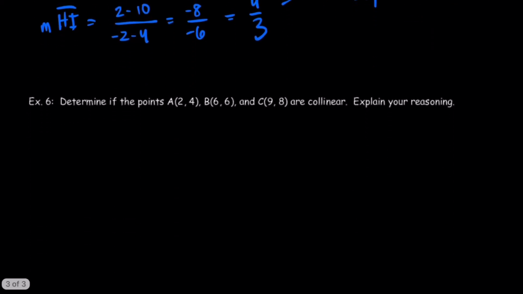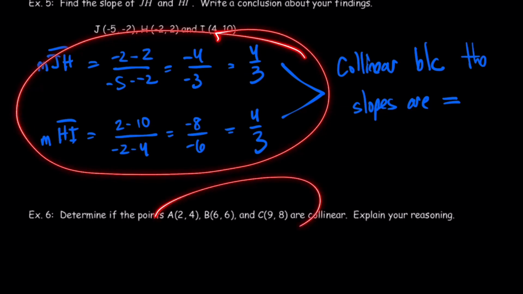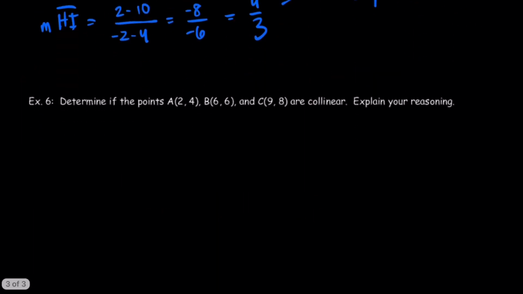Okay, last example. Determine if the points A, B, and C are collinear. Explain your reasoning. So this is the same setup as up above. They just didn't tell us what to find the slope of. But it's pretty straightforward. It's going to look like this with different letters. That's all. Okay, so let's try this. I want to find the slope of AB.